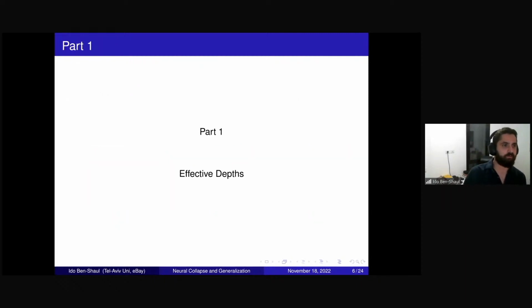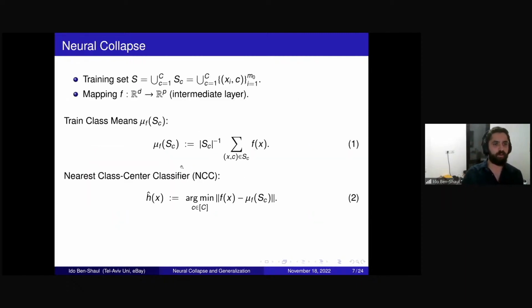I'd like to formalize this just a bit. We have a training set S, composed of the S_c, which are all samples of class c, and a mapping f from the input space to an intermediate layer. We can define our trained class means, mu_f of S_c, as the mean embedding in this intermediate layer of all samples from class c.